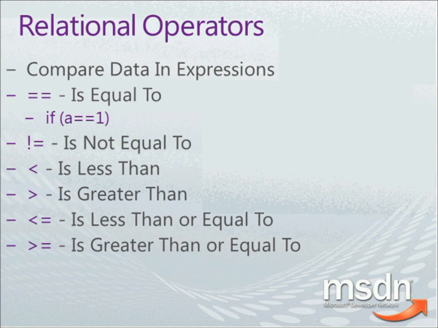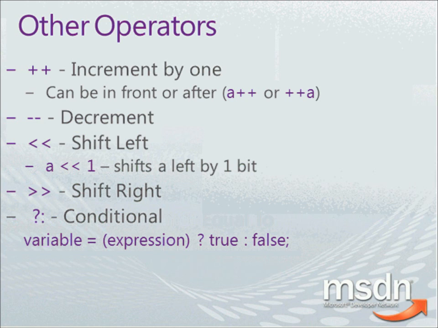Now, another type of operator that we might have in there, and I've kind of already talked about some of these, are the increment and decrement by 1. The increment and decrement actually, interestingly enough, are plus plus or minus minus. And what's different about these is that they have the option of having the plus or minuses in front of or behind the value that you're altering.